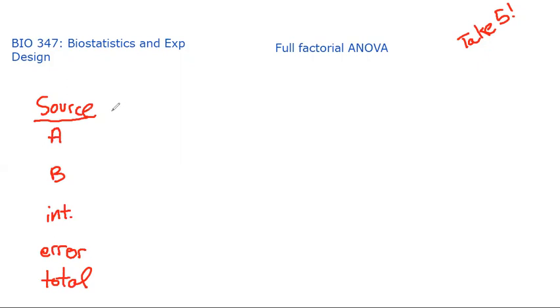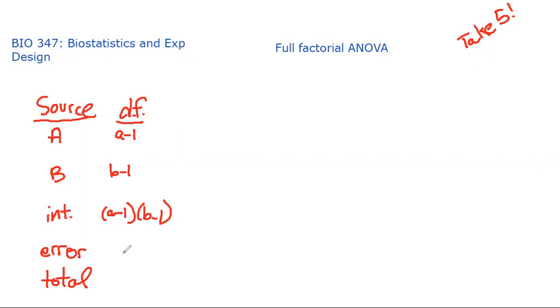We need to set our degrees of freedom. If we have factor A, we're going to have A minus 1. For B, B minus 1. For the interaction, we have A minus 1 times B minus 1 degrees of freedom.